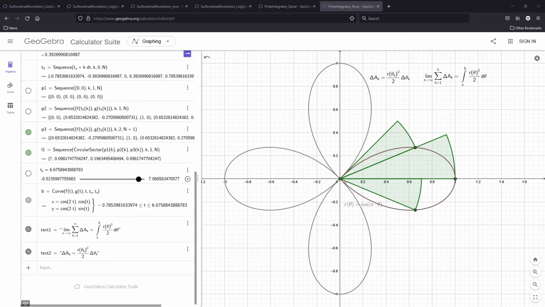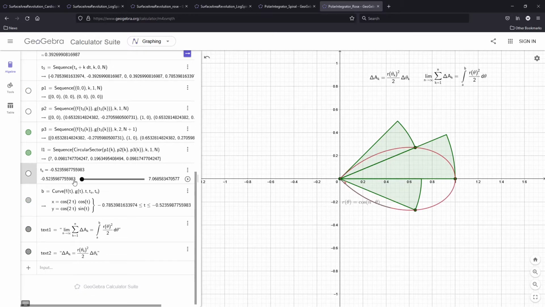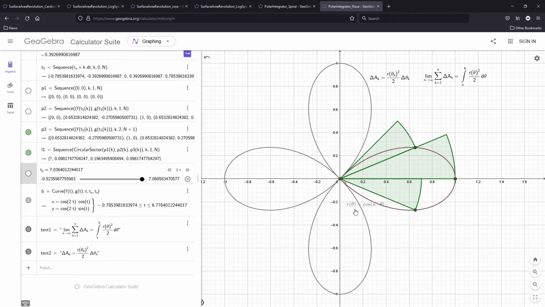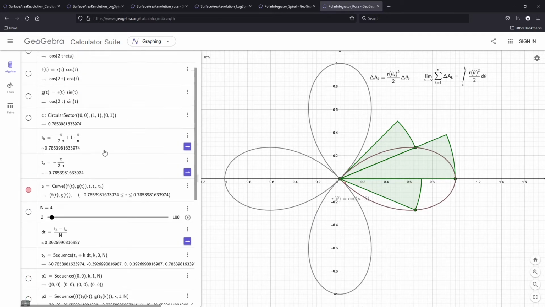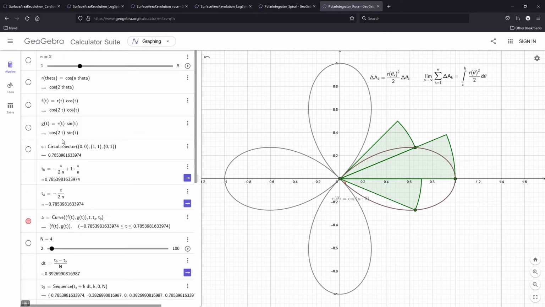Recall that this rose curve is the polar curve governed by the function r of theta equals cosine of n theta. And we're going to focus on just one petal of the rose itself.